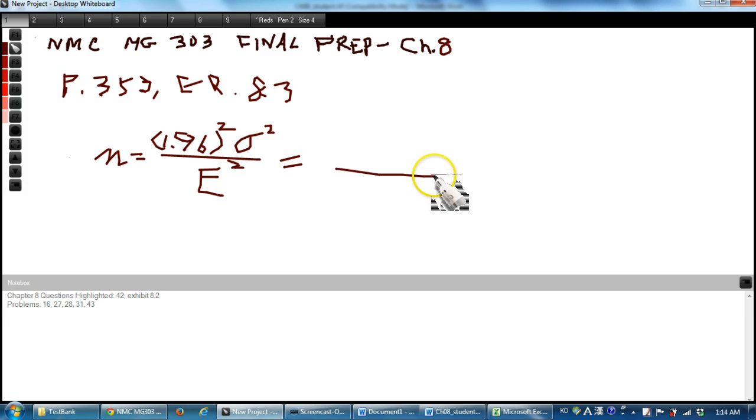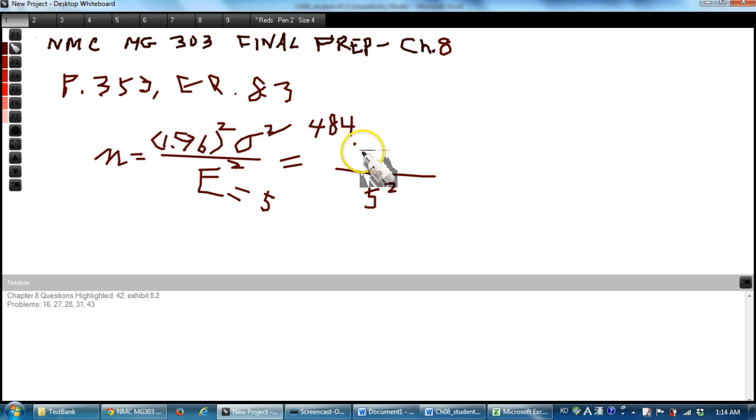So we can basically plug in 484 for the variance, which is the standard deviation squared, and 5 squared.